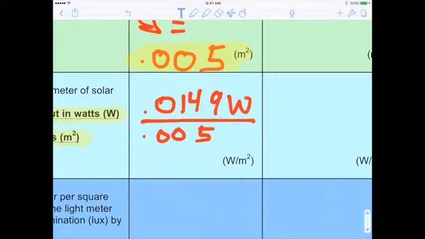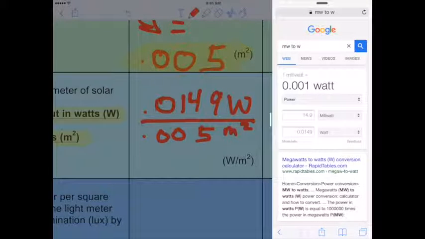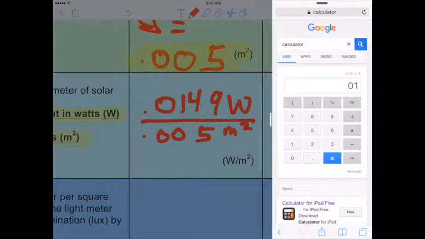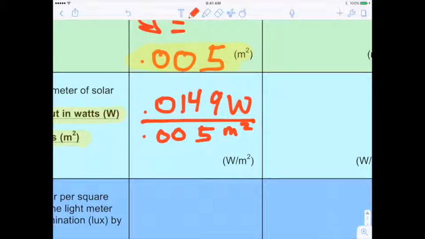So 0.0149 divided by 0.005 meters squared. All right, 2.98 watts per meter squared, and you can see those are my units in the calculation above.